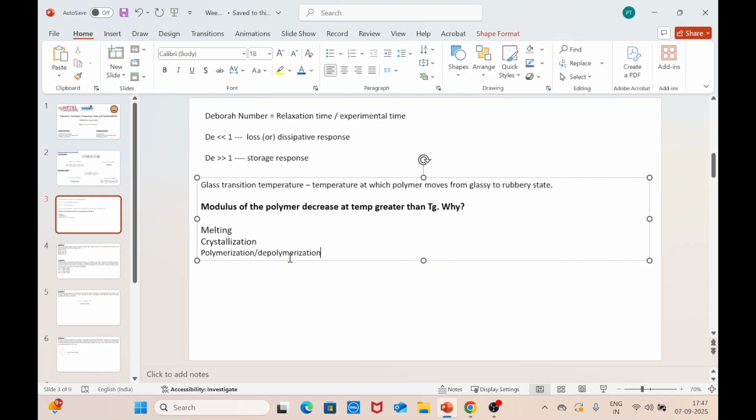So which one is endothermic and which one is exothermic? Melting, crystallization and depolymerization. So melting, you need to melt a material, so that requires heat input.